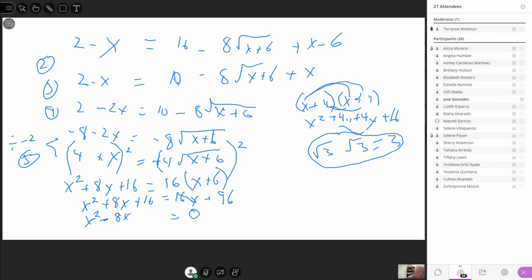What do you get on the left then? If you take negative 96 and combine it with 16, what do you get? Negative 80.